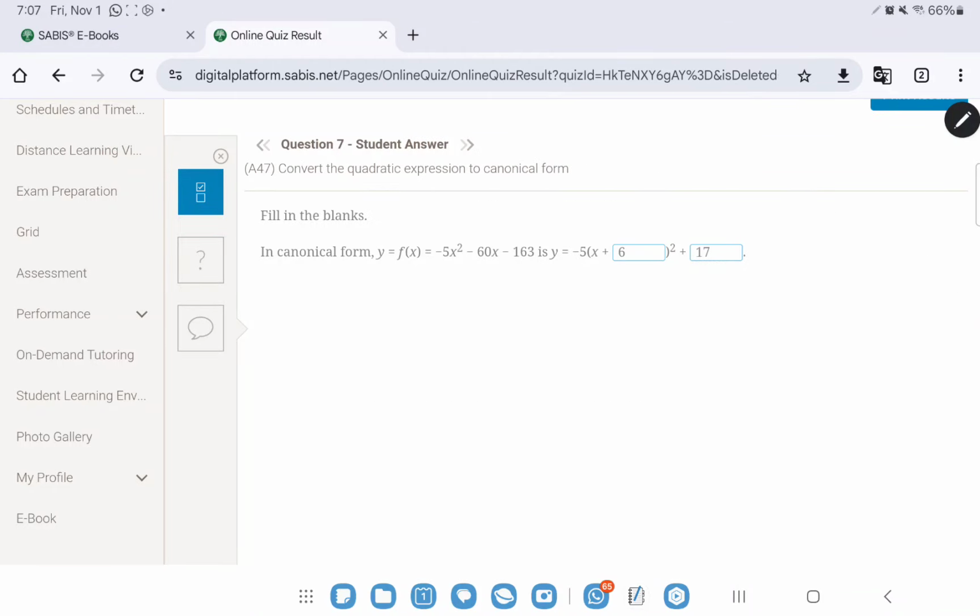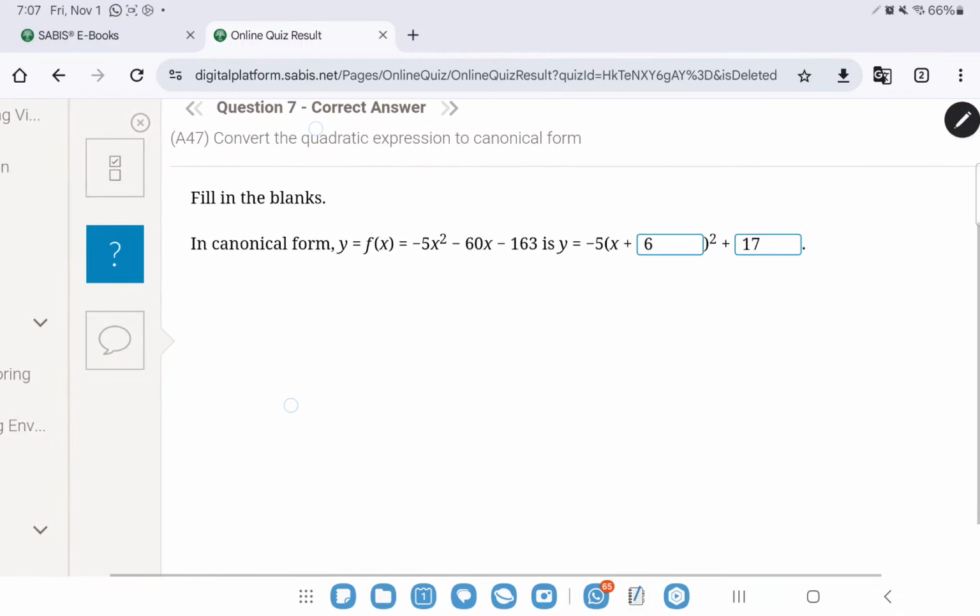Moving on. Okay. In canonical form, again, we need to do the same thing.